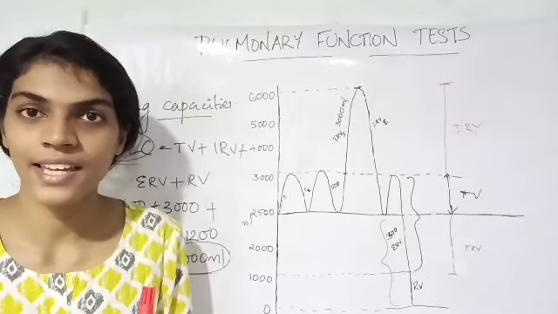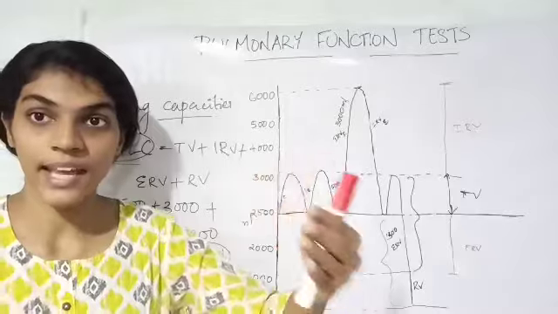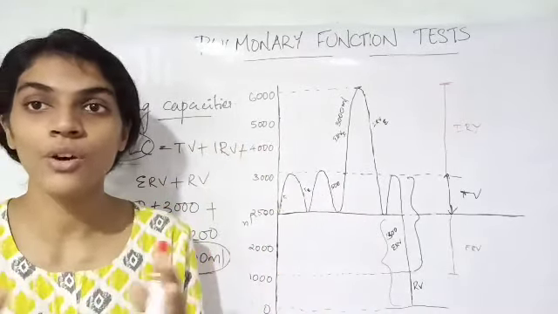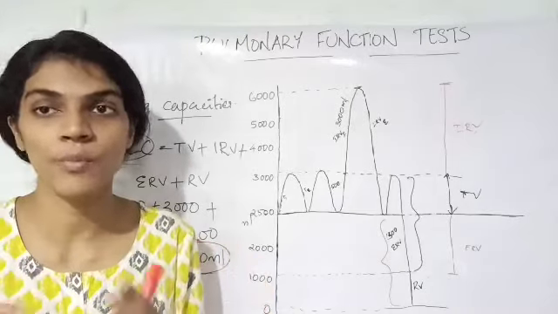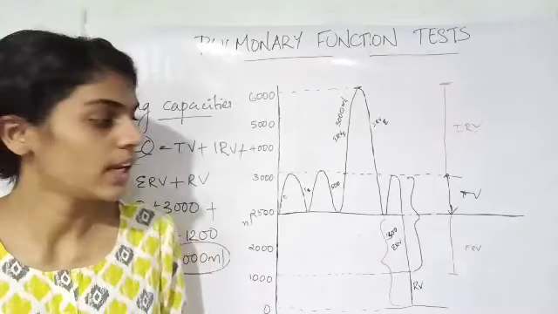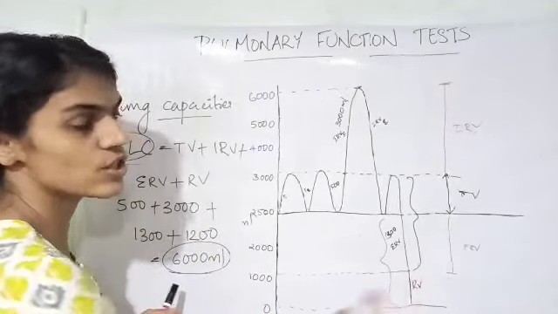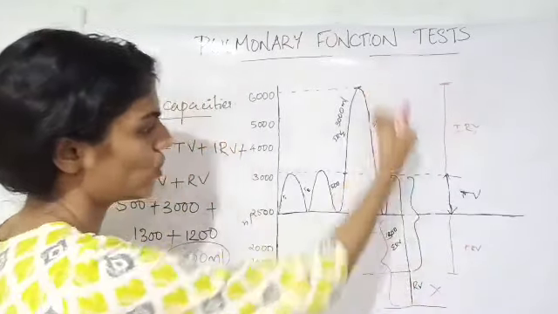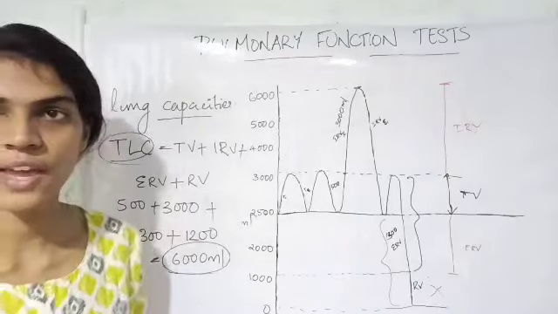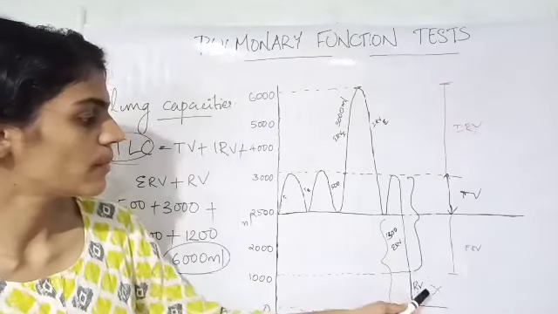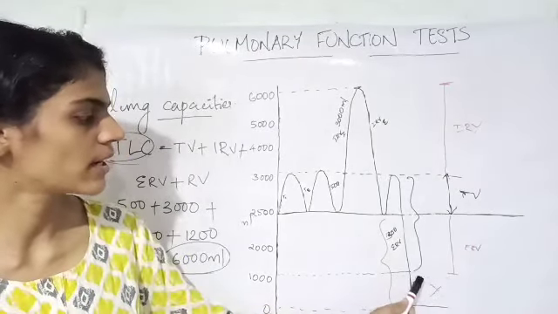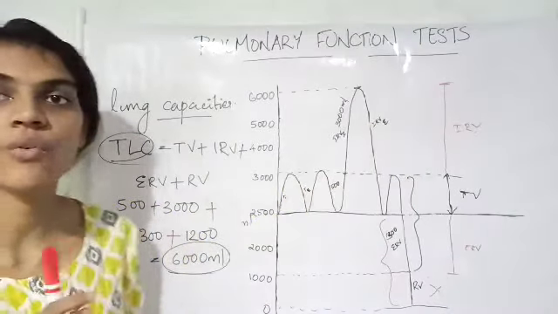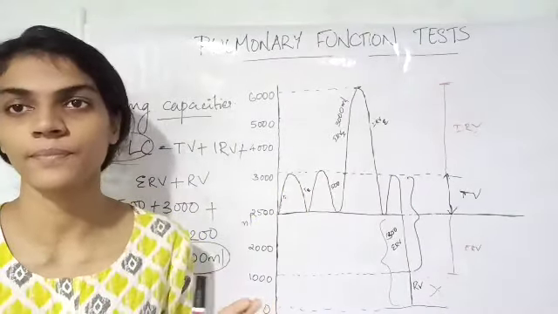It is said taken in and taken out, which means the air in movement. So it does not include the residual volume; we have to subtract the residual volume from the total volume of air. Except for the residual volume, all the volumes of air come under the vital capacity.